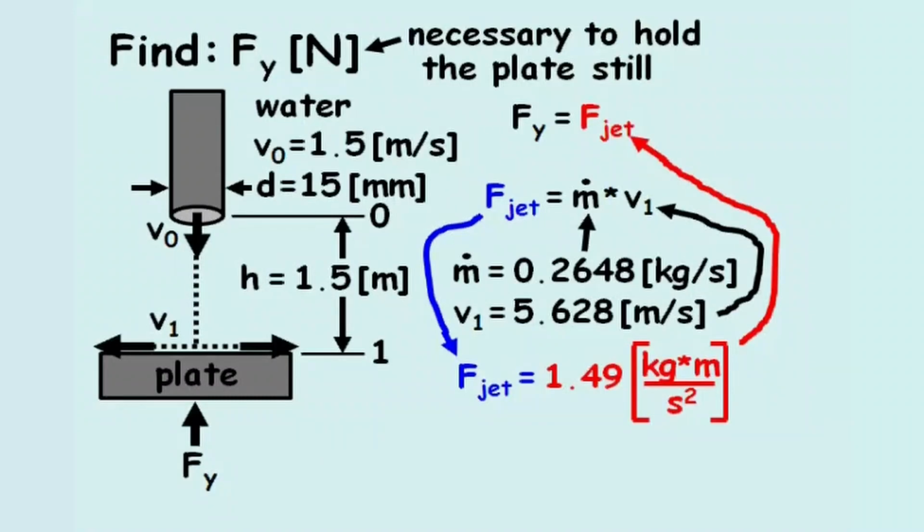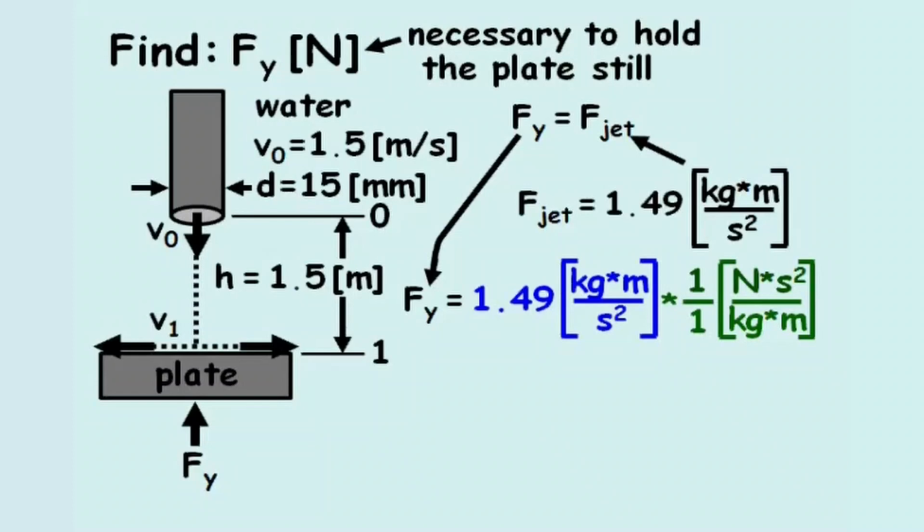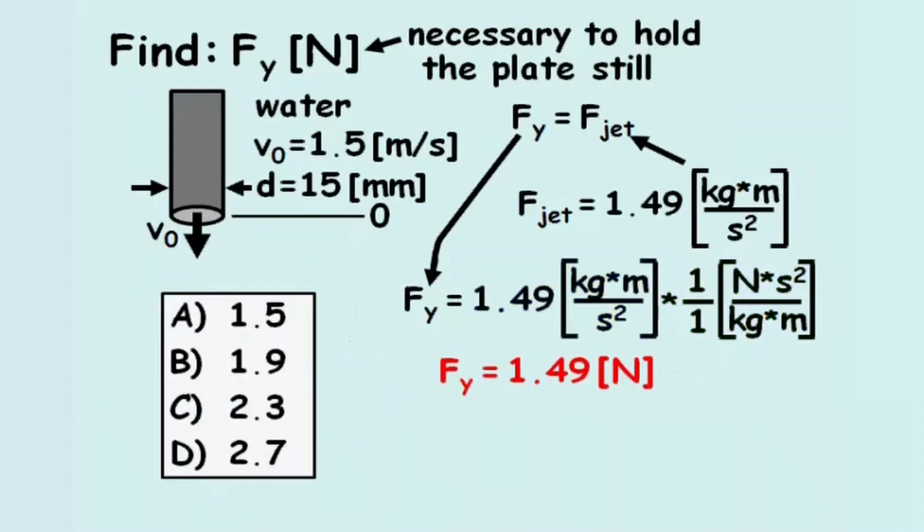After converting units, the vertical force, Fy, equals 1.49 newtons. When reviewing the possible solutions, the answer is A.